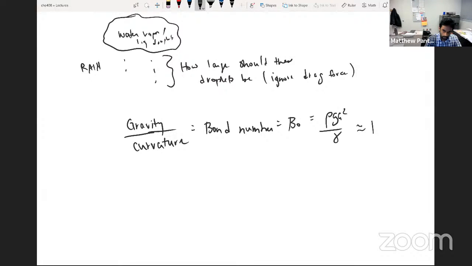And we can then say that our characteristic length here will be the radius of our droplet, which would be the square root of about gamma over rho g. Again, an approximation.